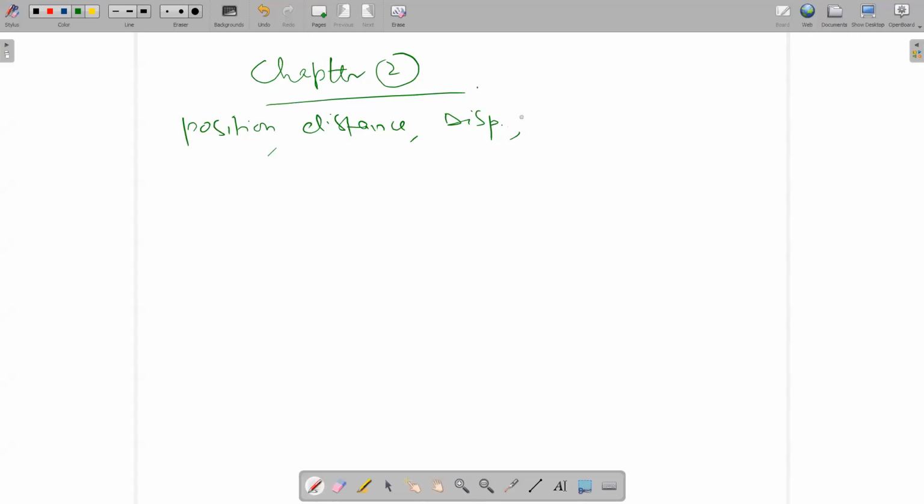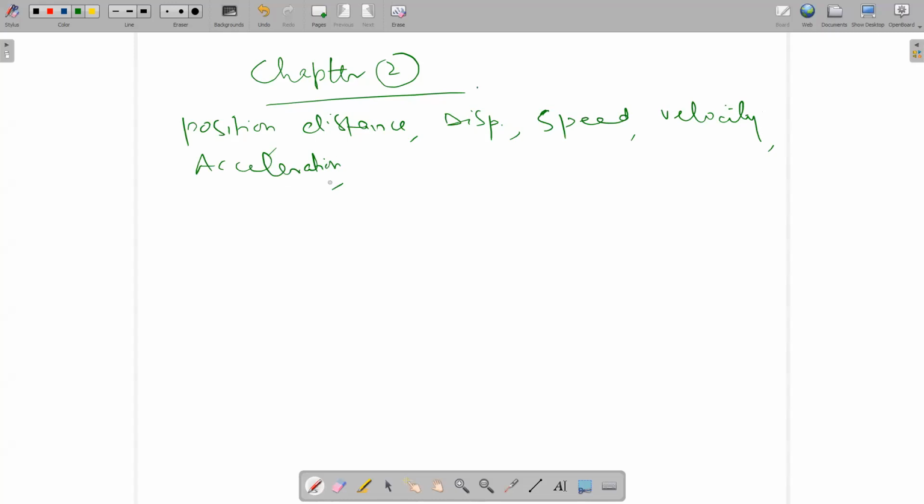So distance, displacement, speed, velocity, and in velocity we have discussed the average velocity, the instantaneous velocity, the constant velocity. And then the acceleration. In acceleration, again we have instantaneous acceleration and the average acceleration.